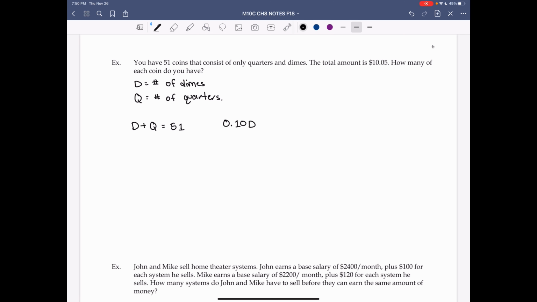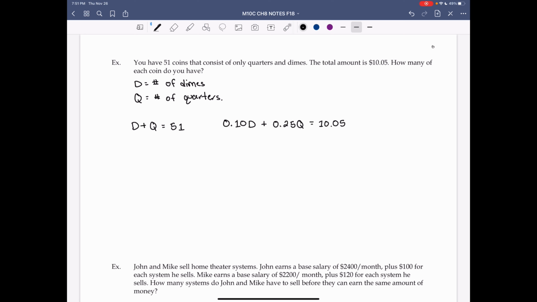Times that by the number of dimes we have to get the total value of the dimes. Then do the same for quarters and add them together. So plus quarters are 0.25 of a dollar times the number of quarters equals the total dollar value of the coins, $10.05.